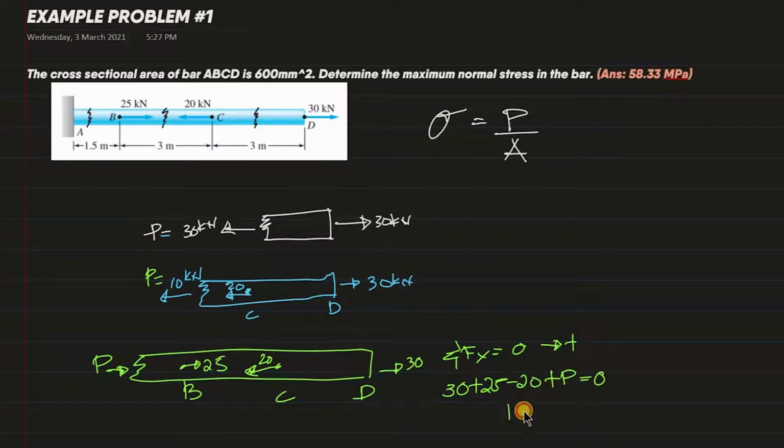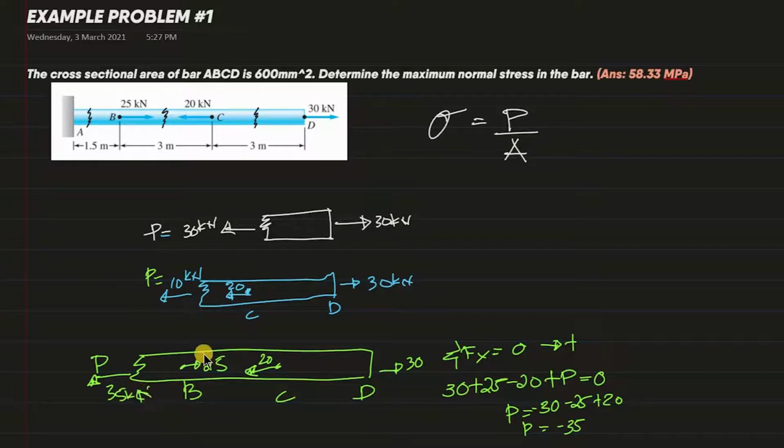Thus, yung P natin, mga bis, transpose natin sa kabilang side ng equation, negative 30 minus 25 plus 20 is magiging P is equals to negative 35. Ibig sabihin, mali yung assumption natin dito na dapat yung P natin is going to that direction, which has a magnitude of 35 kilonewtons.